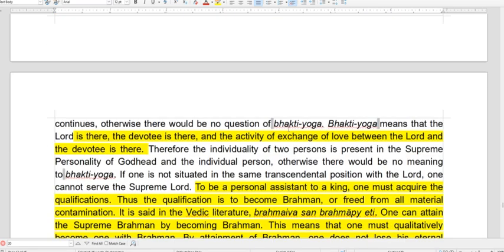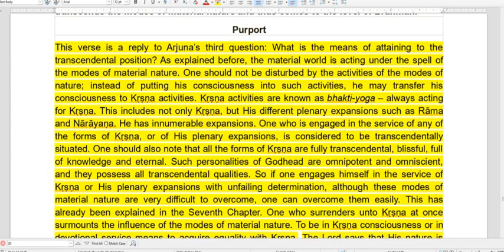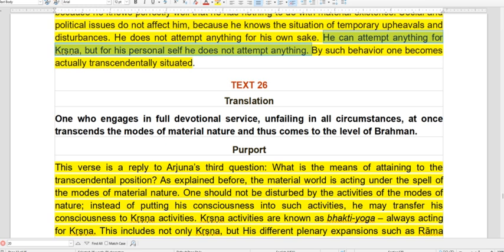Okay, 26th verse. This is a very important verse. One who engages in full devotional service, unfailing in all circumstances, at once transcends the modes of material nature and thus comes to the level of Brahman.